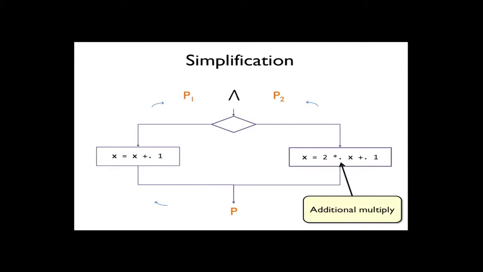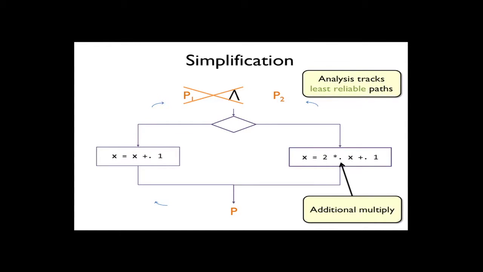If you look at these two branches, there's actually an additional multiply on this right branch as compared to this left branch. What that means is that this right branch is less reliable than the left branch. So what our analysis does, and you can simplify this, is throw away these constraints for the left side and essentially just track the least reliable paths that we have through the program.